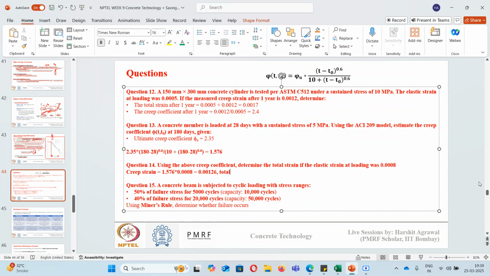Then total strain will be nothing but creep strain plus elastic strain. So 0.00125 plus 0.0008. This will be my total strain. You can calculate this. Let me do the calculation.